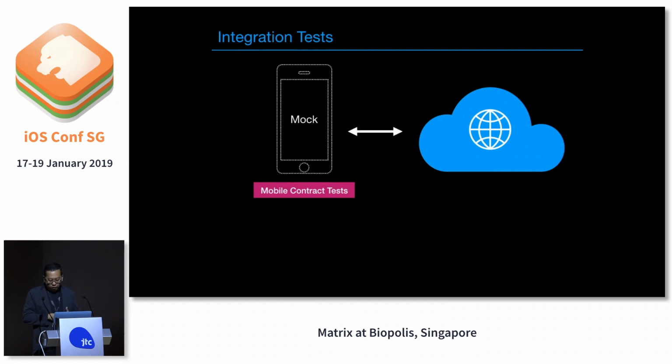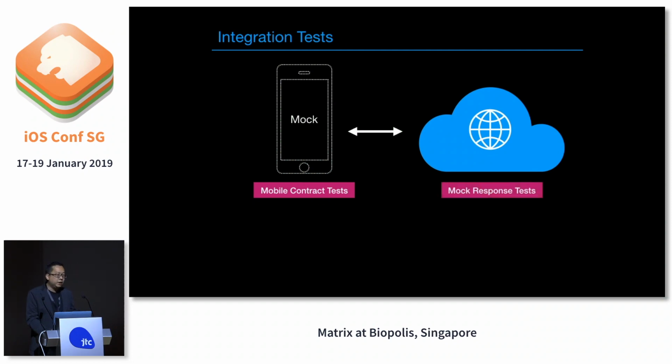An example, we can run a series of curl commands that simulate a use case and assert that the server is working as expected. This kind of test usually checks for the schema and sometimes the data, the contents of the response. If the mobile contract test fails, no point going up the test pyramid and run our end-to-end test, because the failure in the mobile contract test has proven the point that something in the back-end system is not working properly.